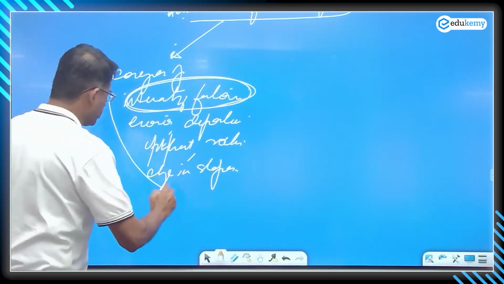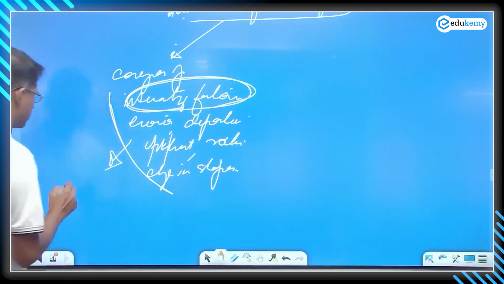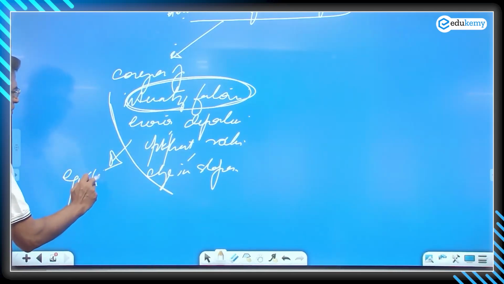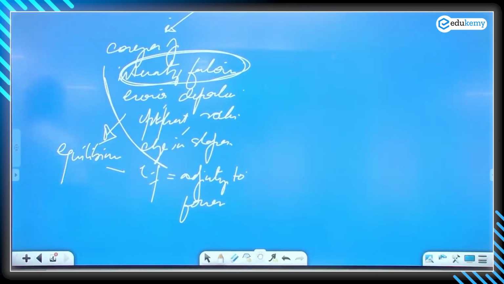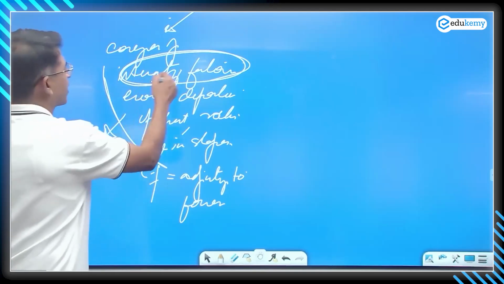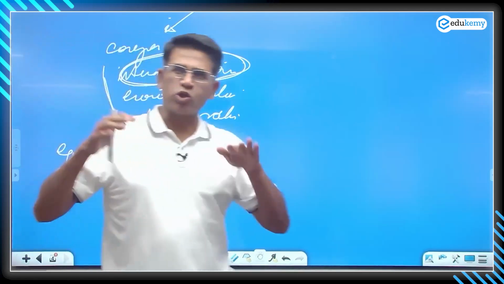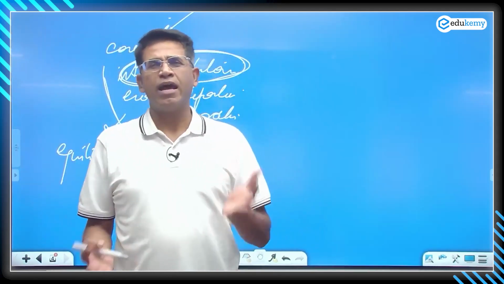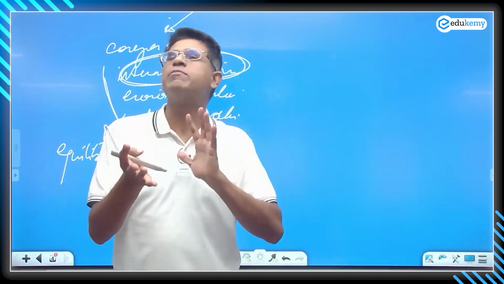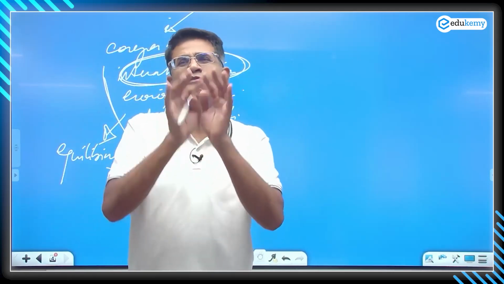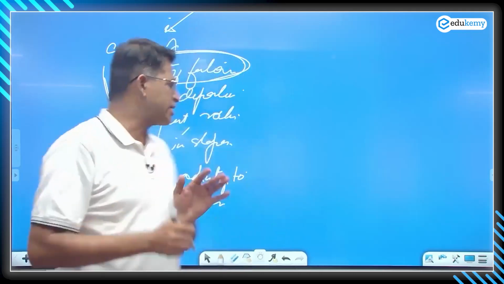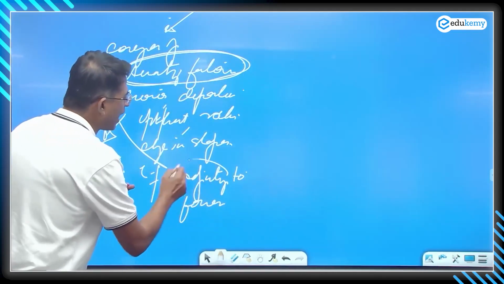This approach is what is called the equilibrium approach, because here the landforms are seen as adjusting to the forces. Landforms as product of interacting factors. So erosion bhi hai, deposition bhi hai, upliftment bhi hai, rock hardness bhi hai, and all of them act together. The landform is a consequence of all of this taken together. It's something like the landform is adjusting.